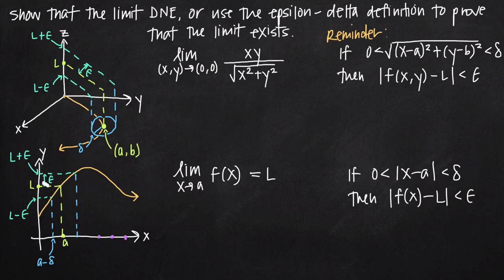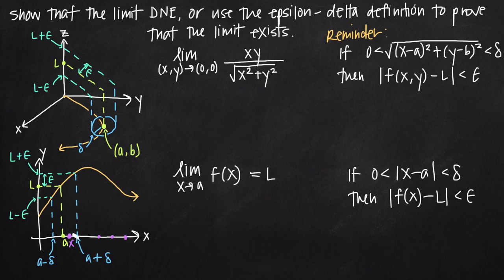And therefore, what the precise definition of the limit tells you is that if you pick any x inside these blue dotted lines here, inside the values a minus delta and a plus delta, if you pick any x value inside these two values, so let's say we pick an x value right here and we call this x, that's going to be our value.